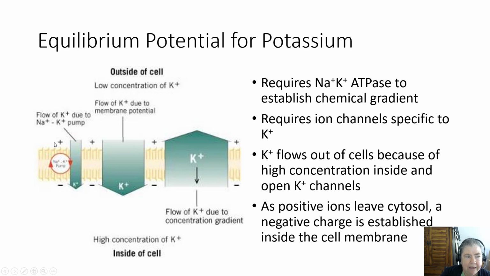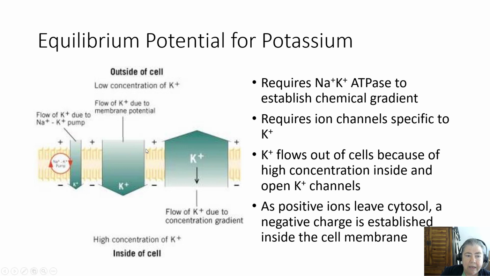So let's review that. The sodium potassium ATPase creates an electrical gradient by itself because it moves 3 sodiums out for every 2 potassiums that it moves in. So you have a slight negative charge inside the cell.